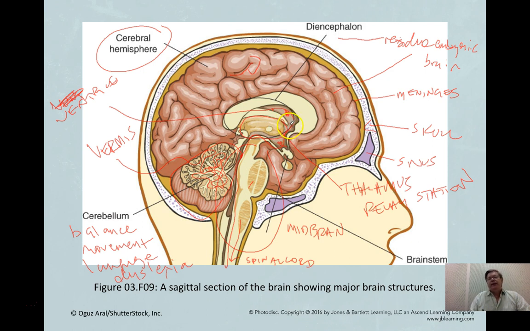What do I mean by that? Well, in fact, the fluid that is inside these ventricles, if you have a very close look, you can see that there's a tiny little break between the lateral ventricle and the third ventricle here, which is a bit like a dam. It's a bit like a barrier.